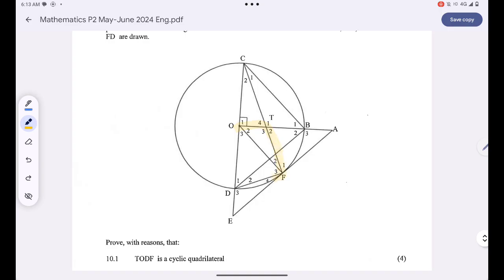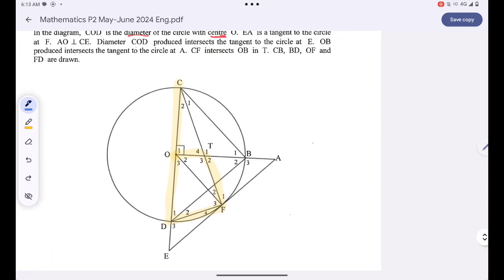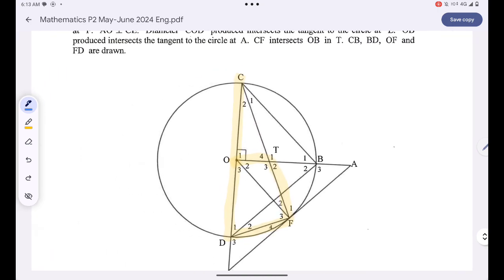This shape over here. Okay, whenever I'm being asked to prove that a particular shape is a cyclic quad, there are three things I'm supposed to choose from. I can either show that the opposite angles, probably angle A and B, their sum is just equal to 180. If I can show that opposite angles are supplementary, then I've shown that this particular shape is a cyclic quad.